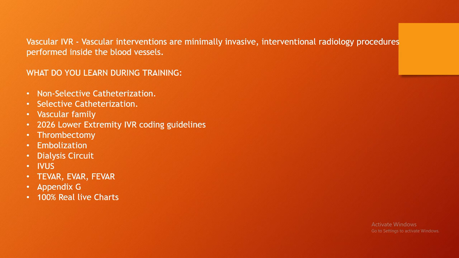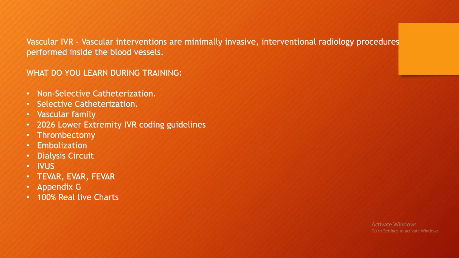Next you will learn how to identify vascular families and their orders: first order, second order and third order. And how to identify if the physician performs a procedure or catheterization in multiple families. Also you will learn the 2026 lower extremity IVR coding guidelines along with practical scenarios.